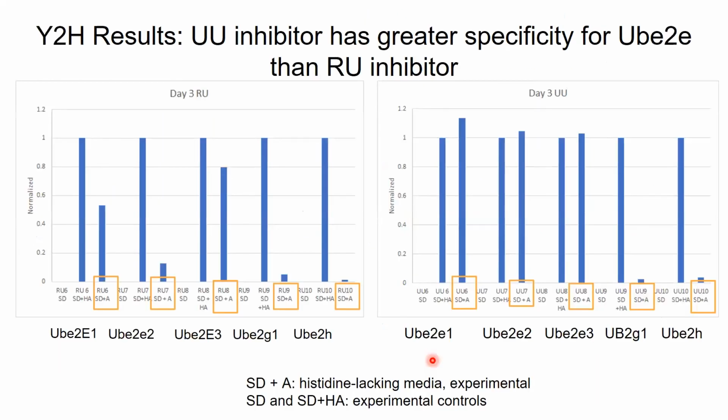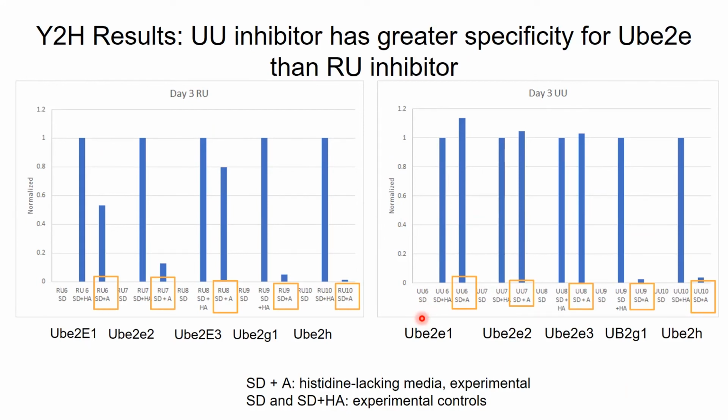Okay, what you're seeing here is the graph of the results. So specifically, my project was UU and Kim's was RU, right? So what you're seeing here in these three columns is the negative control, the positive control, and the actual experimental trial. So the SD alone was the negative control because, if you don't give the H or the A, even if the two proteins conjugate, it'll create the H, but there's still not going to be A, so the yeast won't ever grow.